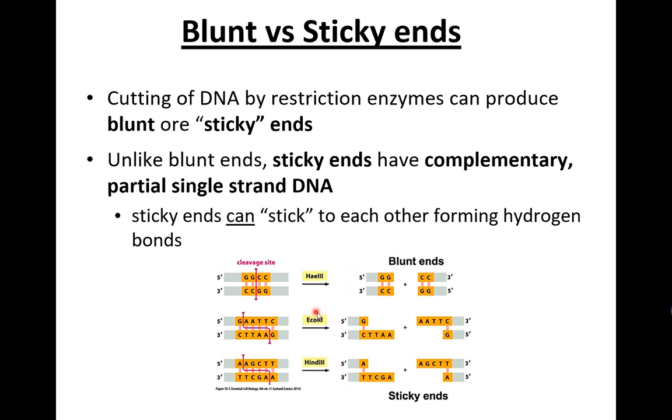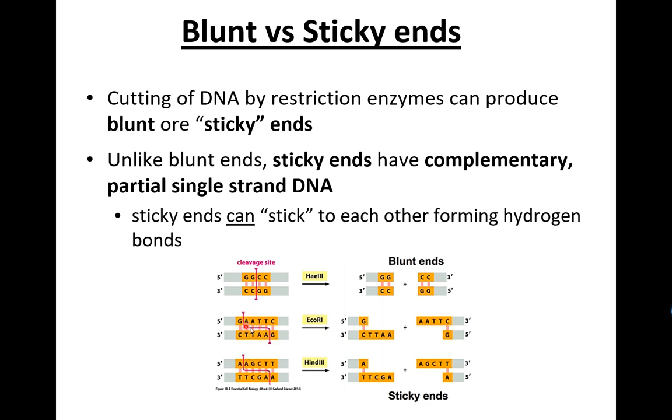Other restriction enzymes, like EcoRI or HindIII, very common ones to be used in the lab, instead cut the phosphodiester bonds in the two strands so that they're not aligned with each other. They're actually offset, like in this case, where there are 4 nucleotides in between.